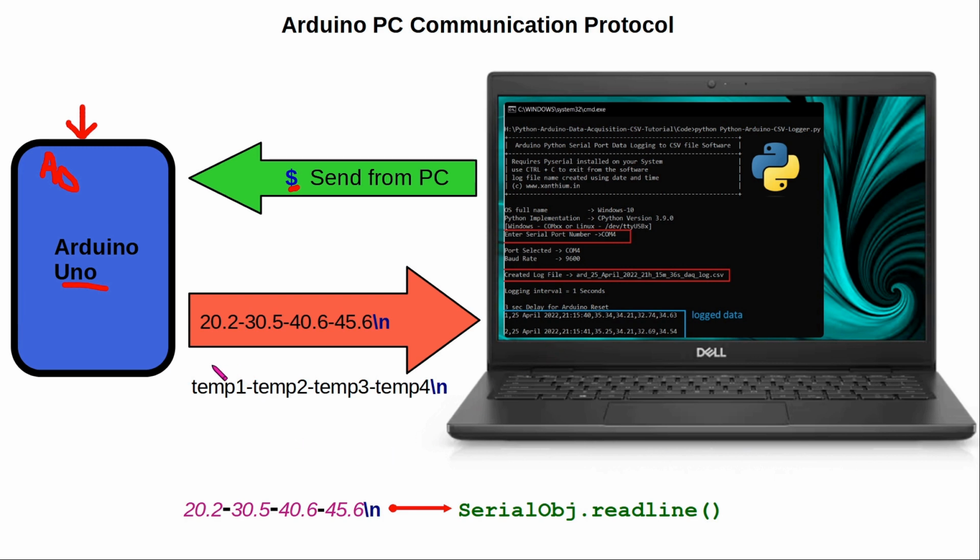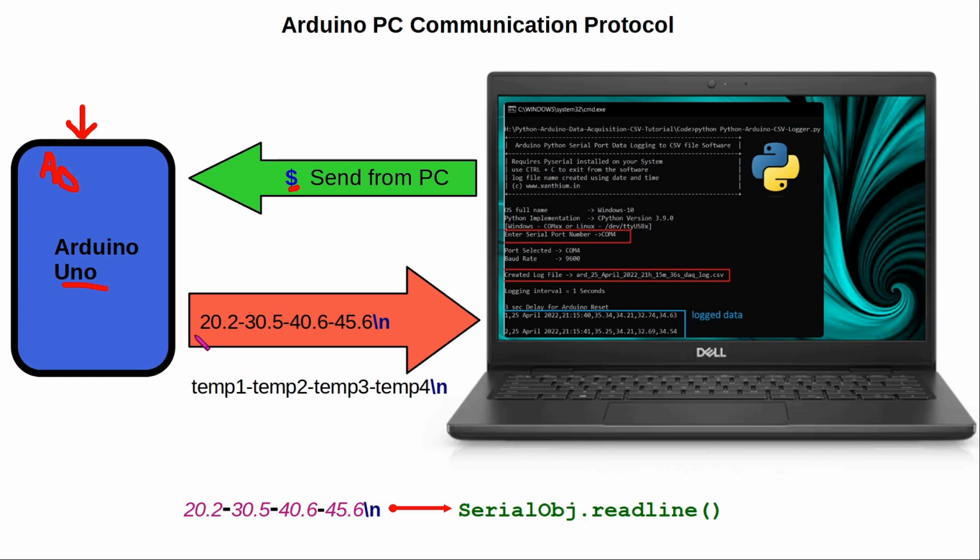Now the encoding in which the temperature is sent is something like this. We have the first temperature value in ASCII characters, and then we will send a dash, then the next temperature, dash, like that. And in the end, we will send a new line character.